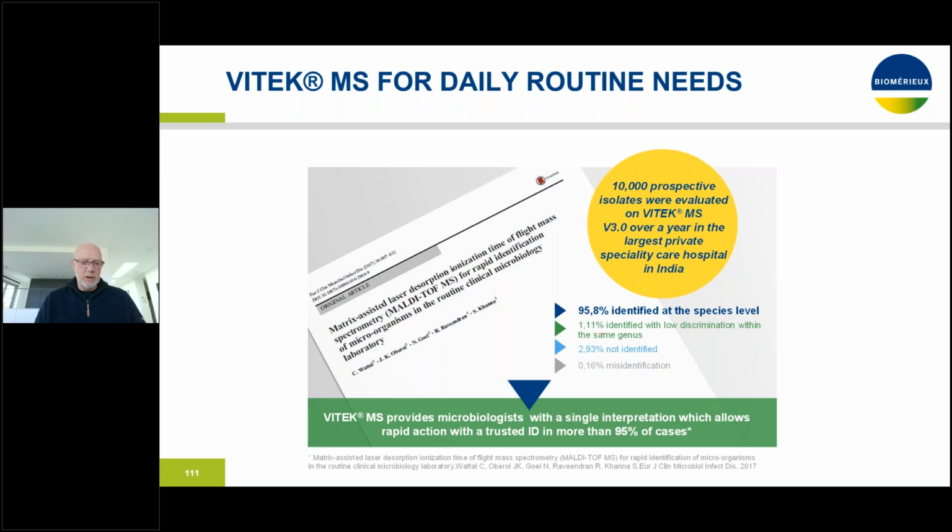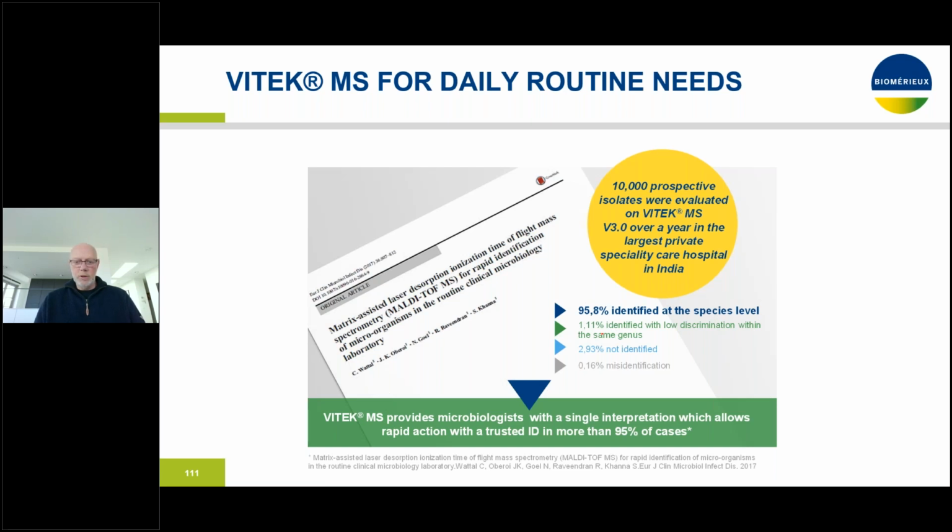And my friend Chand Wattal from India published a review study a couple of years ago where they analyzed about 10,000 different isolates in a year. So mark my word, they did 10,000 identifications in a year, which is more than 30, 40 on a daily basis in a private specialty care hospital in India.